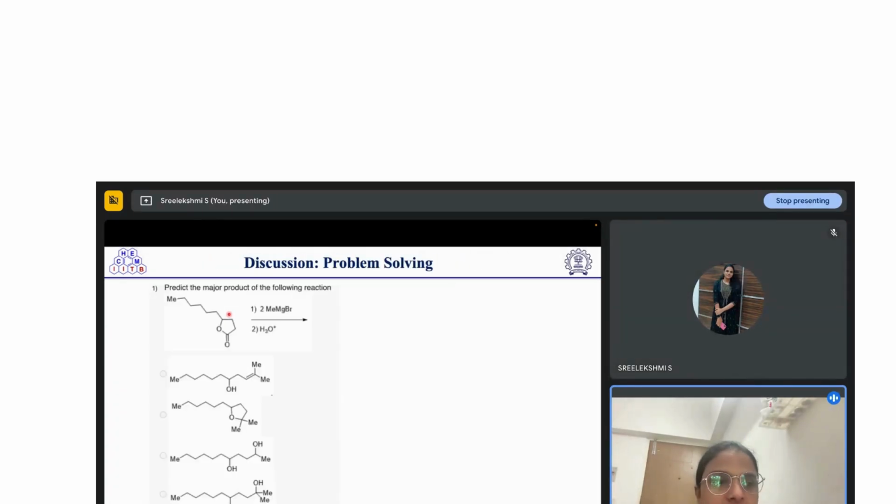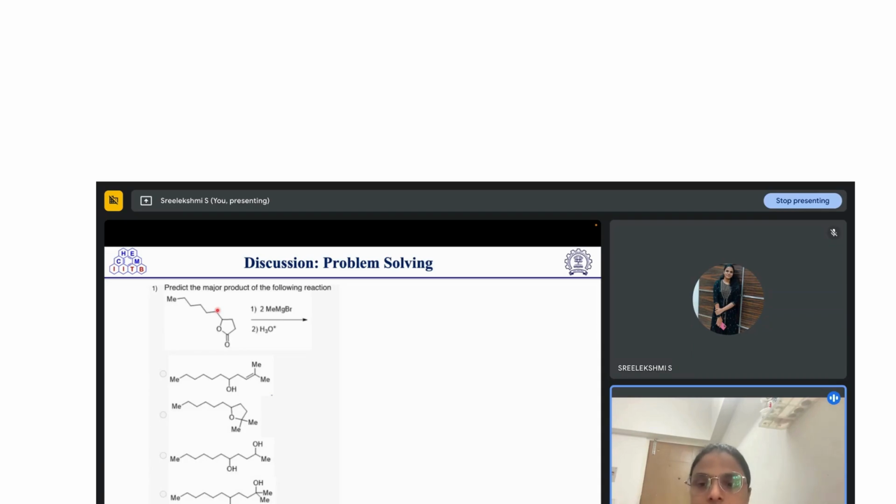The first question is: predict the major product of the following reaction. Here a lactone is given, treated with two molecules of methyl magnesium bromide followed by hydrolysis. Out of the four options given here, which will be the major product? I will give you some time to think about this.